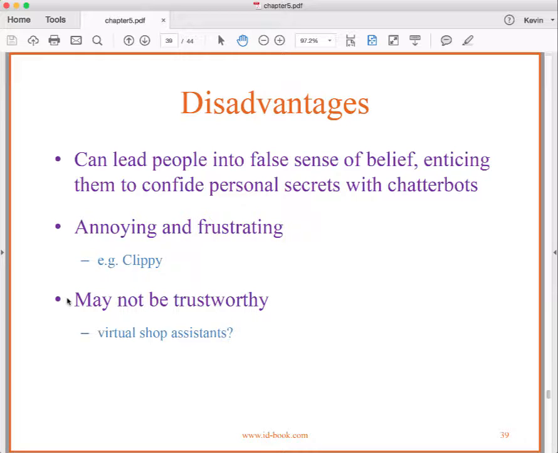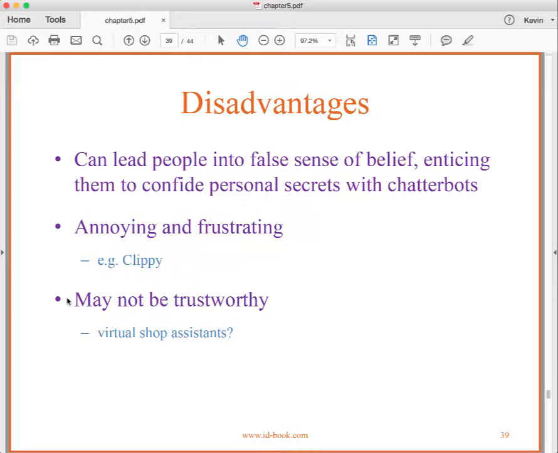They can be annoying and frustrating, like our friend Clippy, or they may not be trustworthy, like, for instance, virtual shop assistants. And this is kind of interesting because most of us have a pretty sophisticated sense of figuring out how trustworthy a salesperson is when we're dealing with them in the flesh. And maybe also if we have them on the telephone, right? We've even gotten to that point.